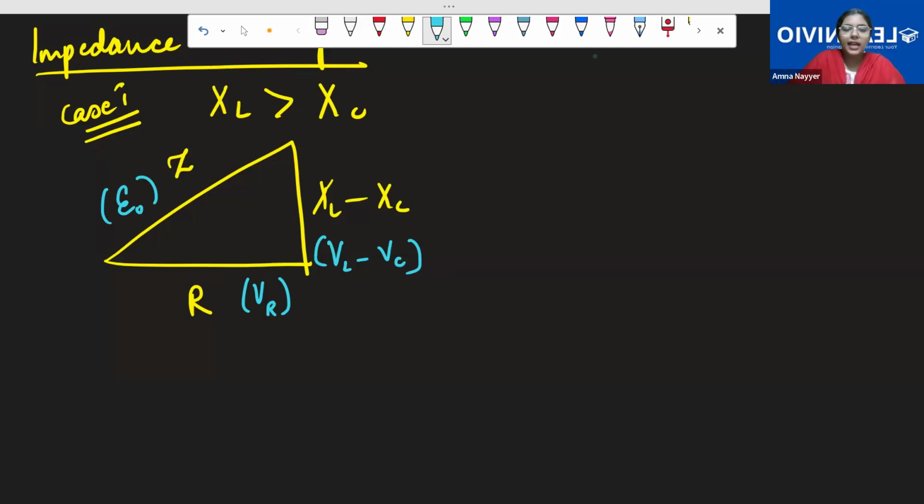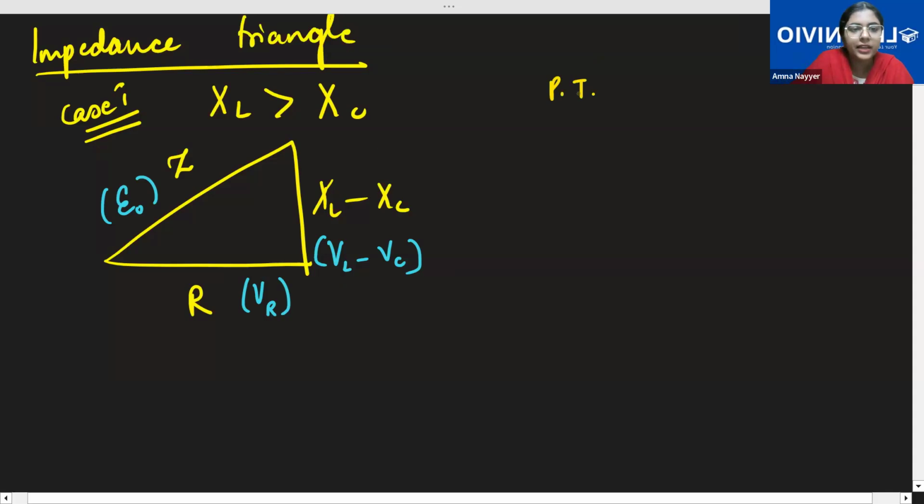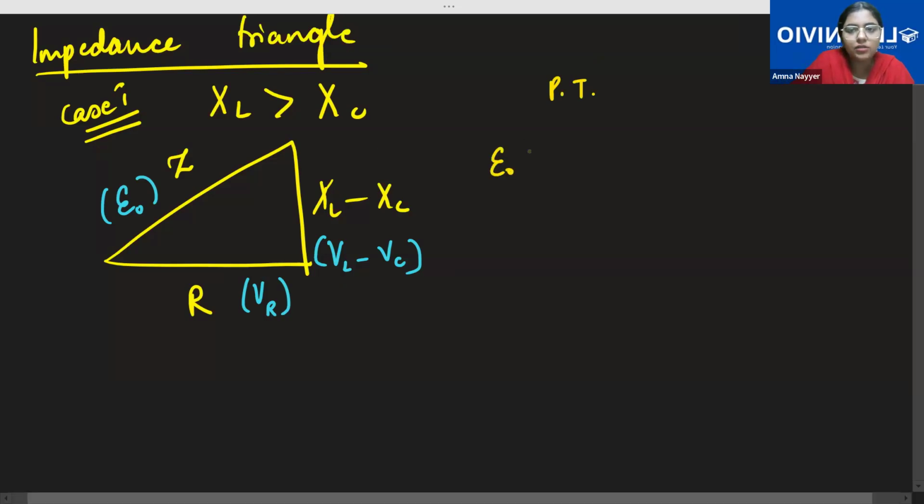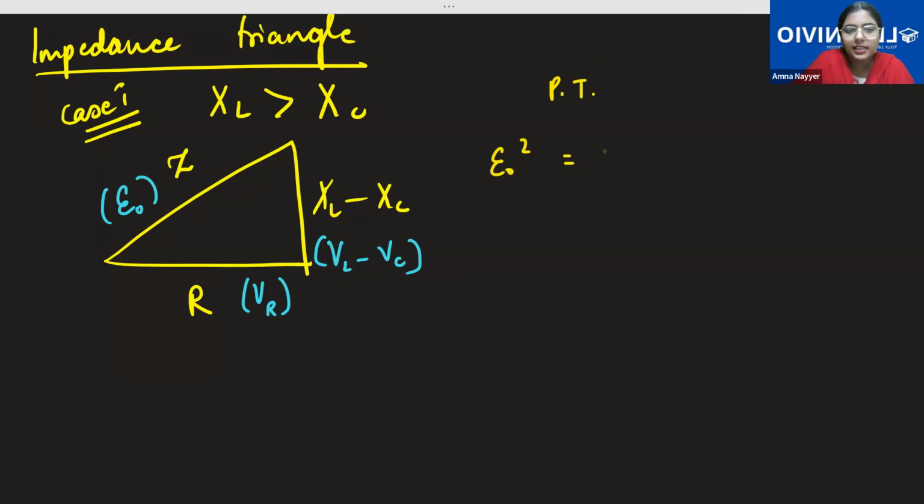So how will we derive this? We'll apply the Pythagoras theorem here. E naught square is equal to, this is the hypotenuse, so perpendicular square plus base square. So we can say (VL minus VC) whole square plus VR square.